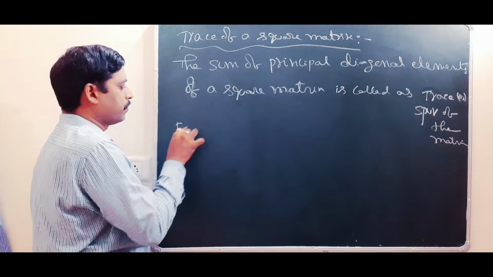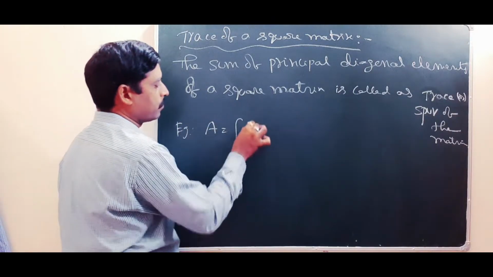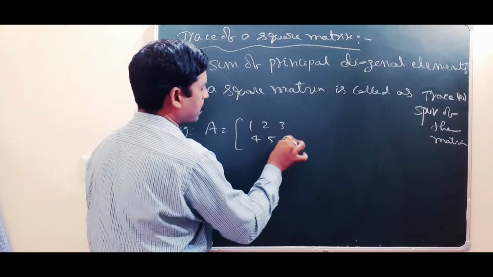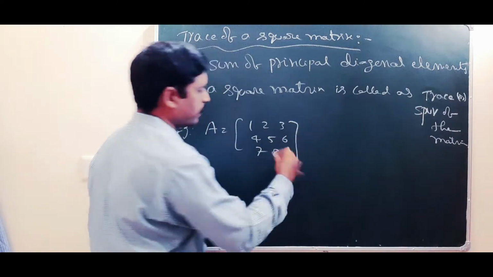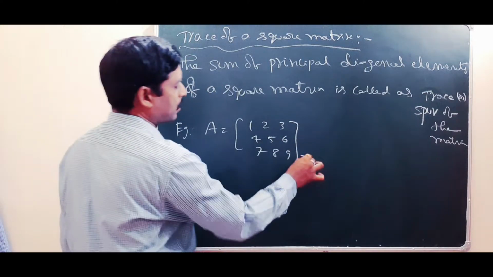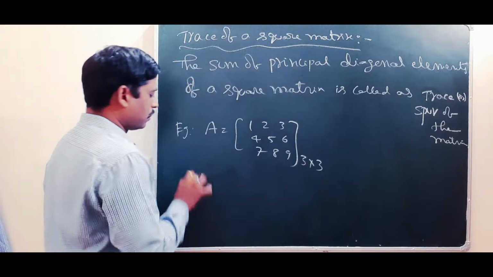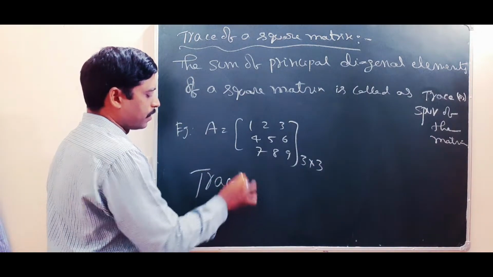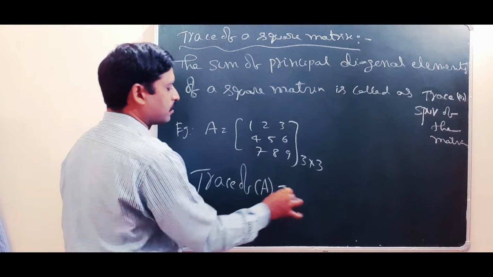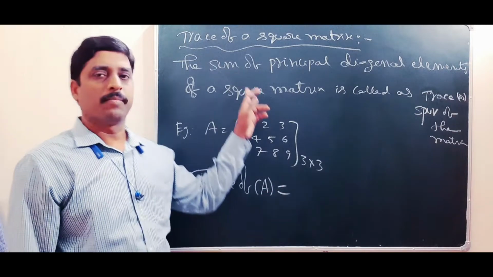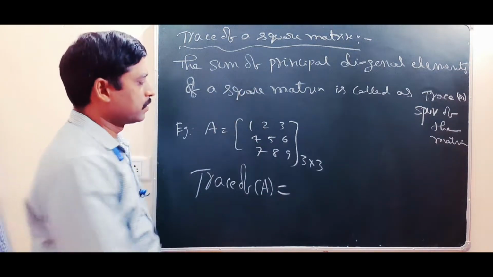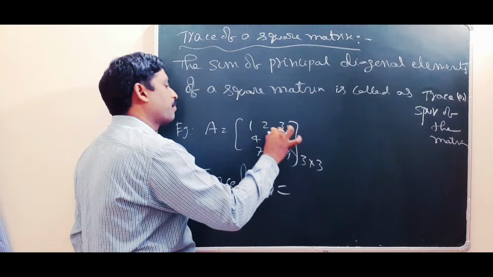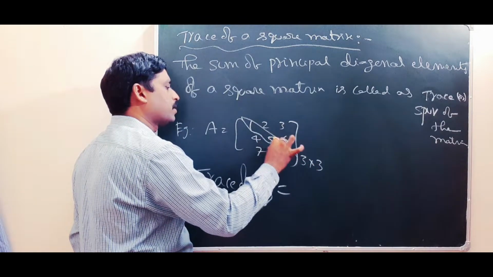I give one example. A having 1 2 3, 4 5 6, 7 8 9. This is a 3 by 3 matrix. This is a square matrix. So trace of A is defined by the sum of principal diagonal elements. In this, sum of principal diagonal elements are 1 plus 5 plus 9.